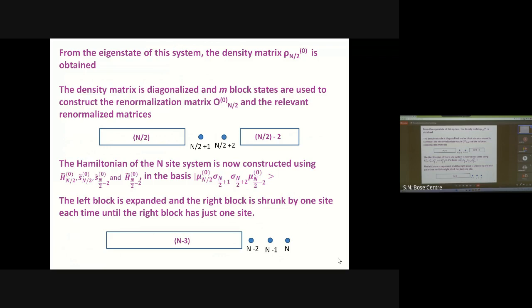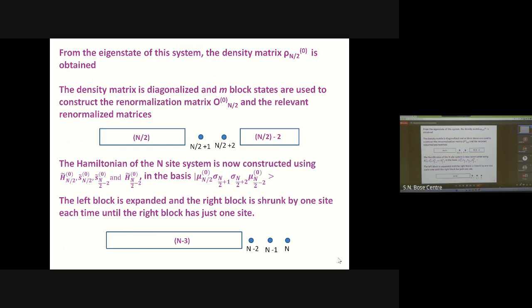Using this, you can construct the density matrix of rho n plus 2 just as before. Oh, this should have been n by 2, because my system size is n, not 2n. And you can continue this process until the left-hand side is n minus 3 and the right-hand side has only 3 sites.